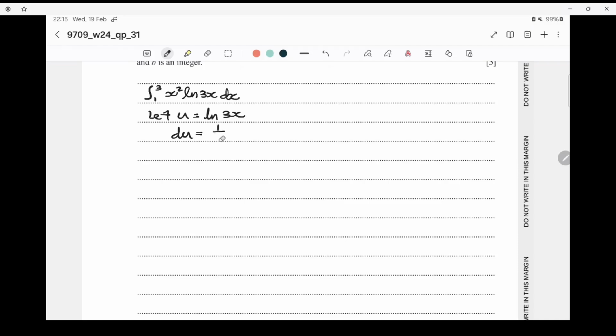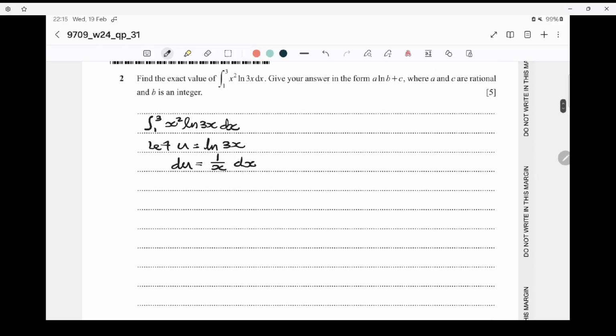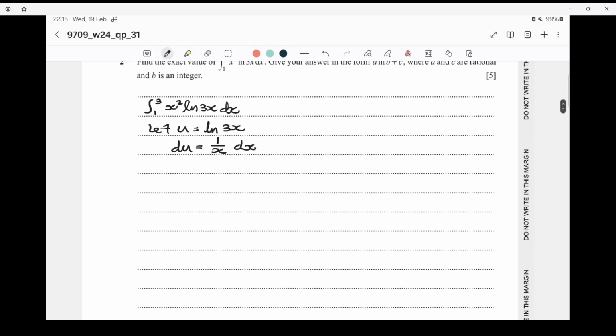So why do you use integration by parts? And how do you choose u equals ln 3x? Basically, you find the term that you cannot integrate. That's the term that you use for differentiation. The other one will be dv equals x squared dx, or v equals x cubed over 3.